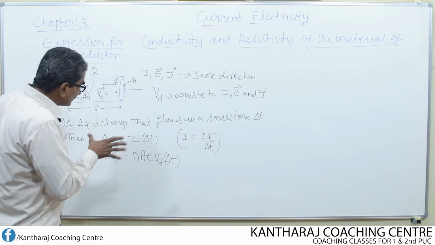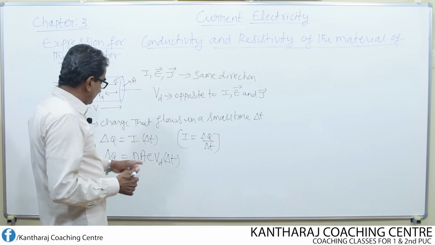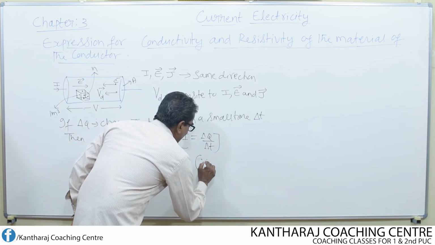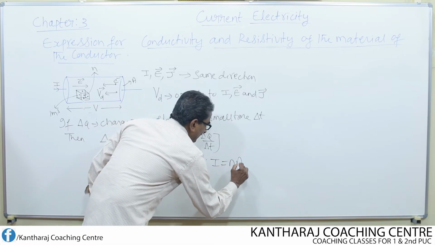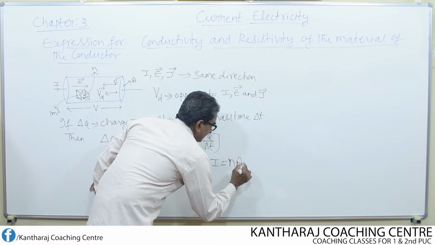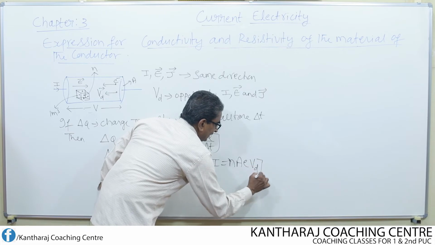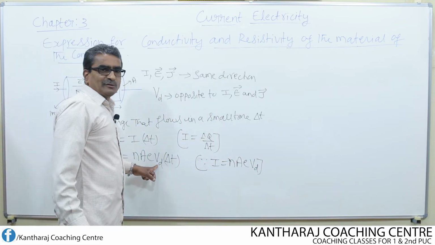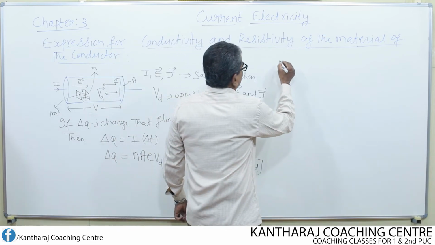Now you substitute for drift velocity. Because I equals NAE into Vd, this is what we have substituted here. But what is Vd, the drift velocity?